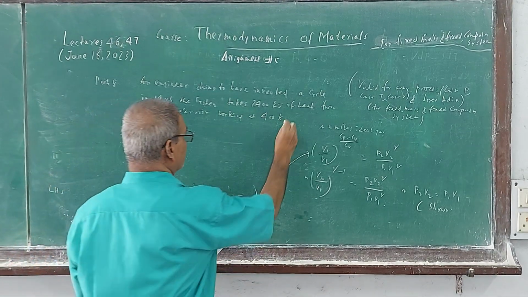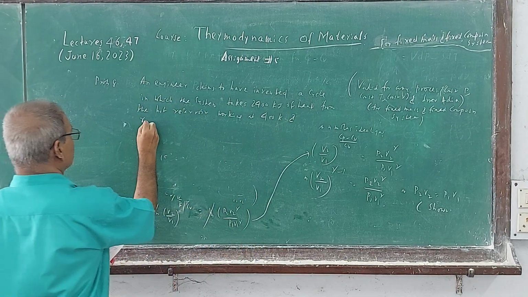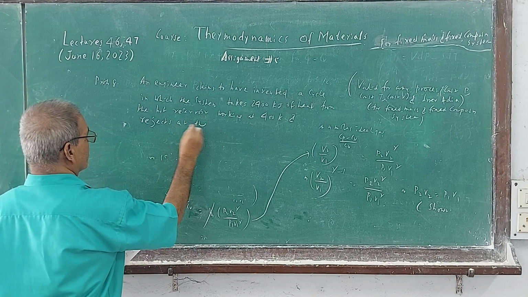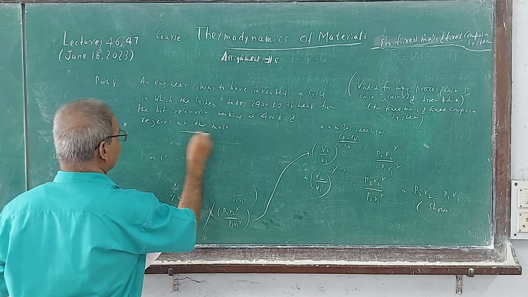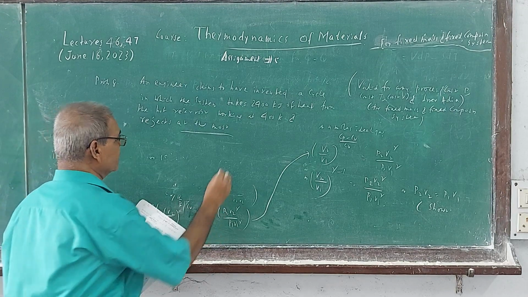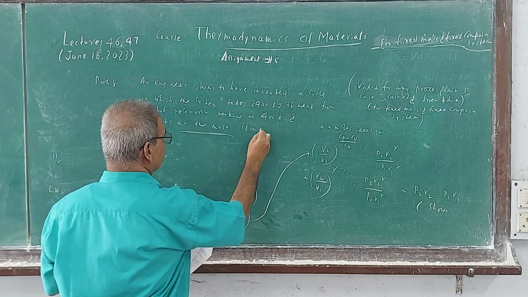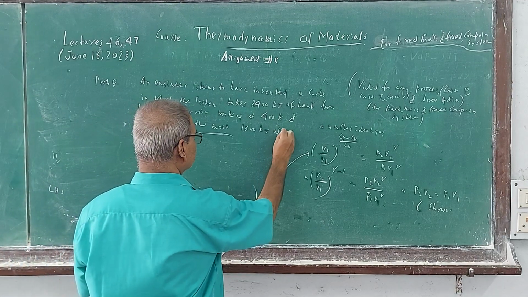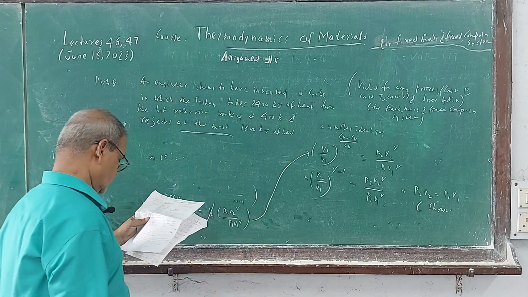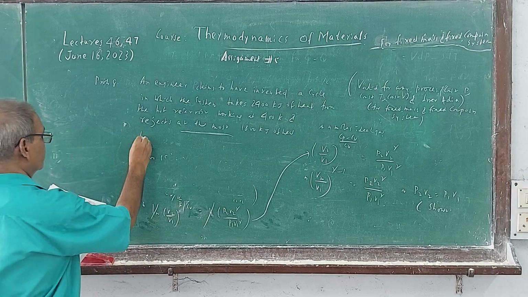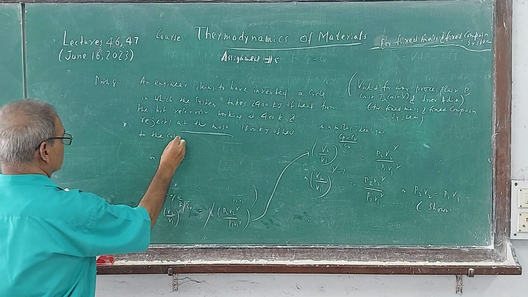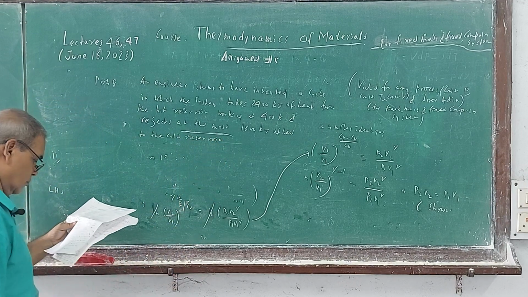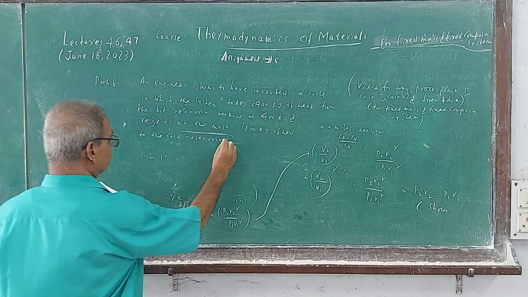And rejects at the most 1800 kilojoule of heat to the cold reservoir working at 300 Kelvin.